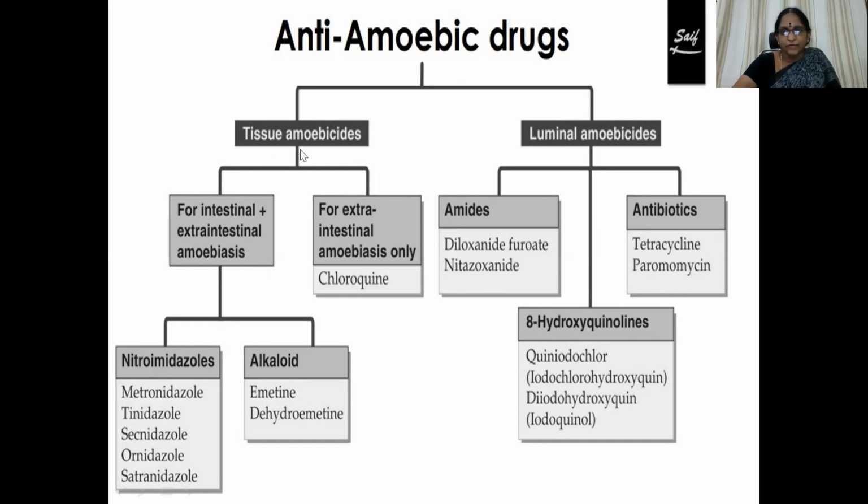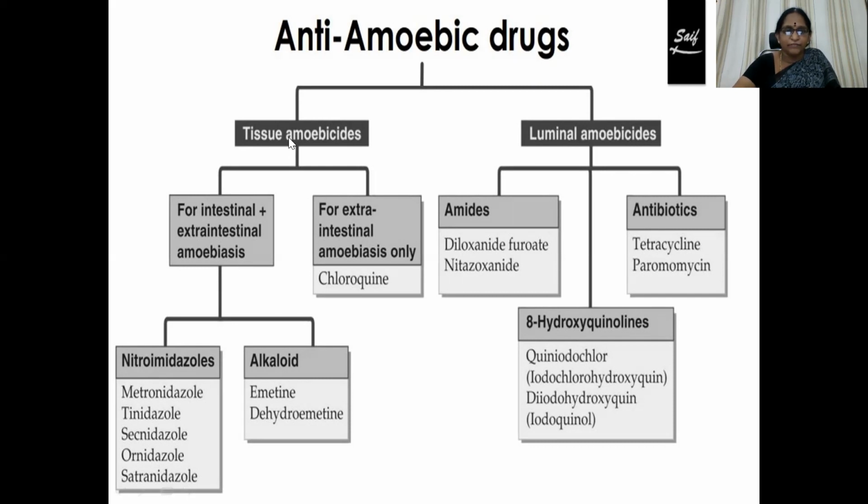We have discussed in our earlier session the presentation of luminal amoebiasis and tissue amoebiasis, which can again be subdivided into invasive intestinal and extraintestinal. Luminal amoebiasis means asymptomatic cases. Now I think you are clear with the picture by going through the first session. Now we'll deal with each and every drug in detail.